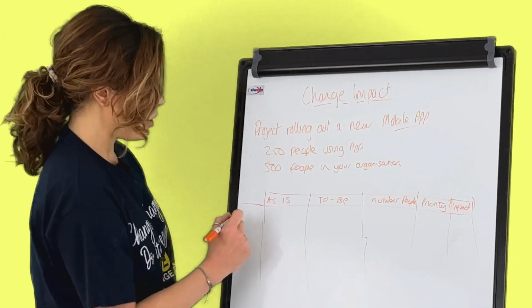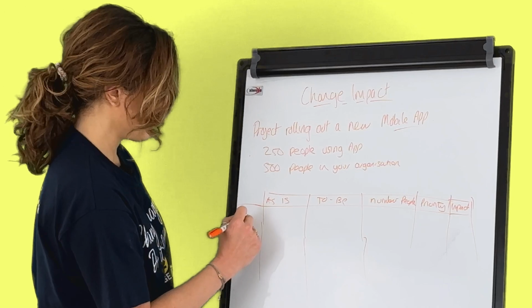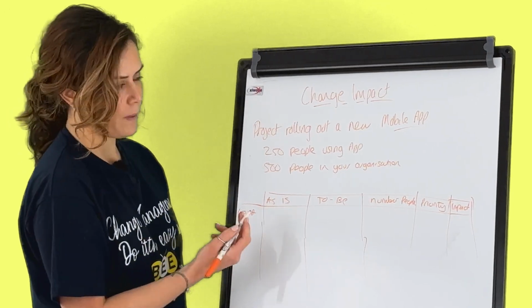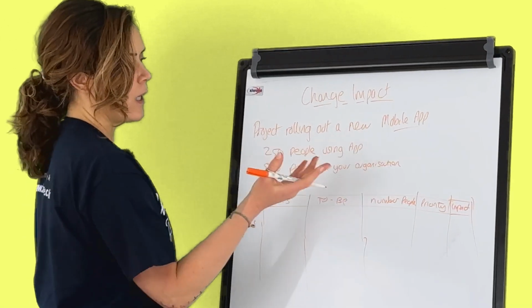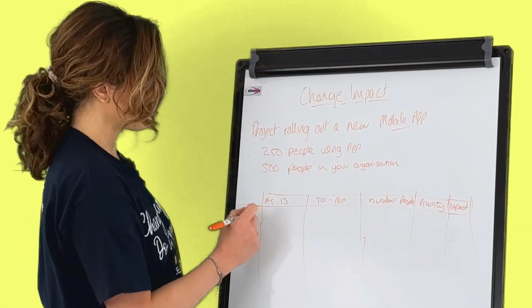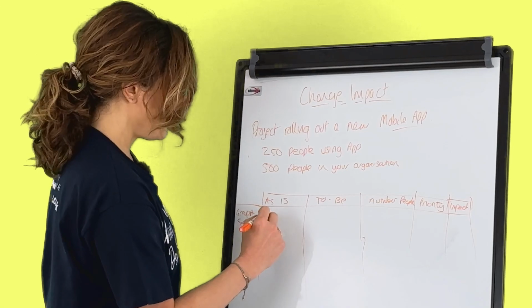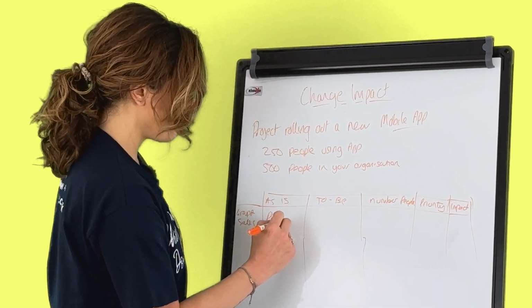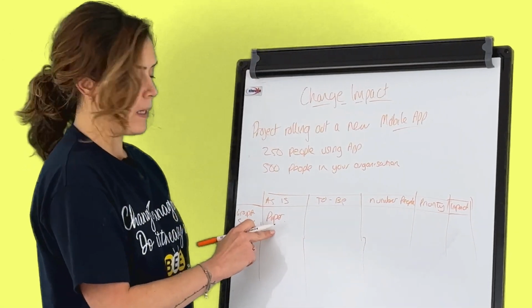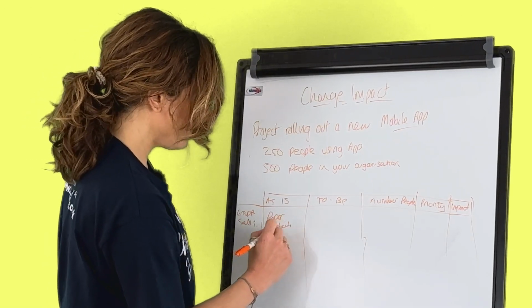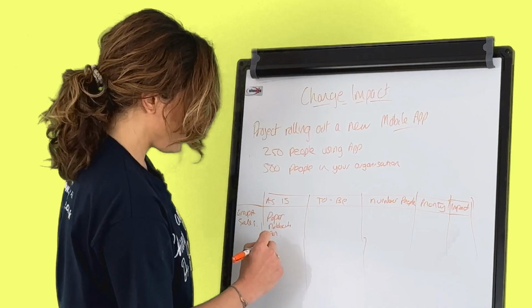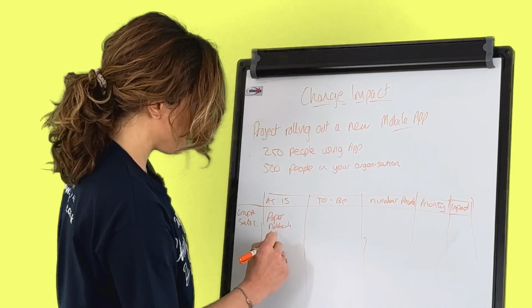So imagine you've got group A, which would be, I don't know, let's go for sales. Sales people are going to be using this new mobile app. Their current as-is is a really bad one: they're going to be using paper. Currently they have a notebook, a pen, and a diary.